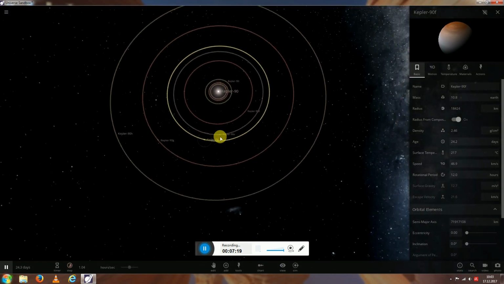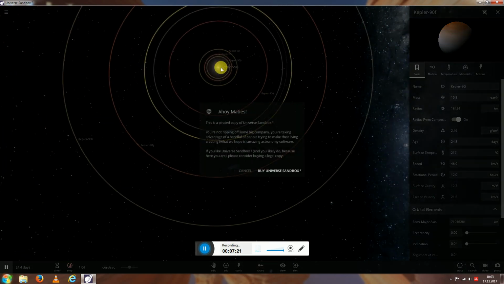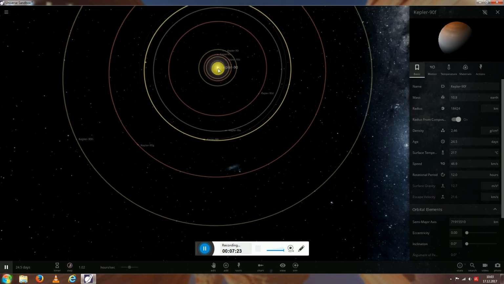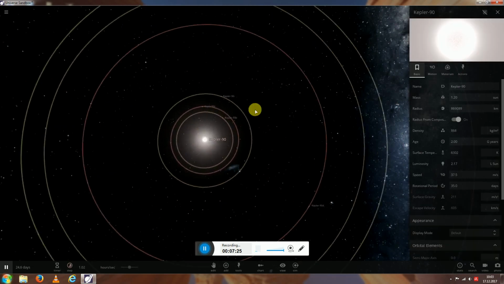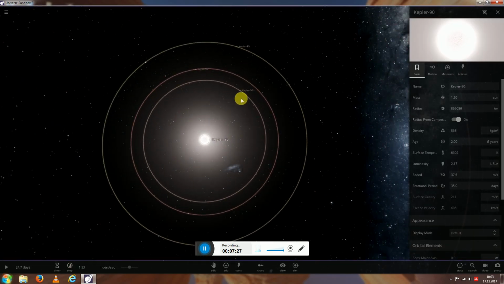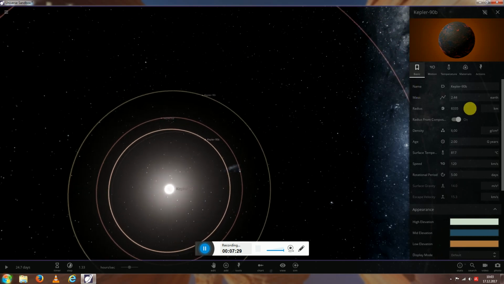Let me just go to the first one. Okay, let me first go to Kepler 90b. It has a radius of 1.31 times that of the Earth, but we're not shown the exact mass.